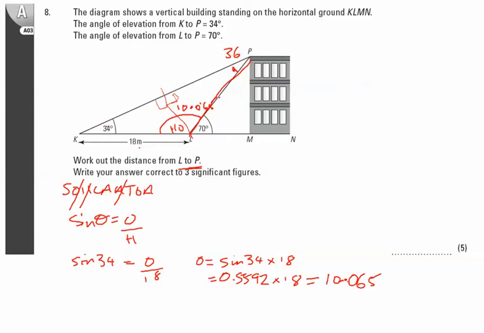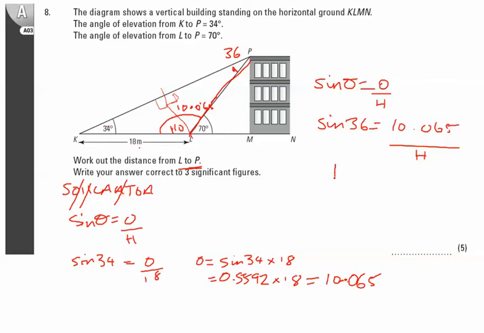So this side here I'm going to work out using, well, I've got an opposite, I've got a hypotenuse, that's going to be sine. So sine theta is opposite over hypotenuse. Okay, so now substituting what I've got, sine 36 equals, the opposite is 10.065 over the hypotenuse.